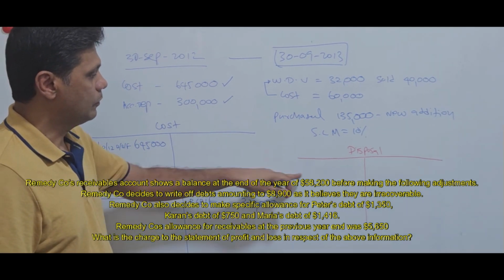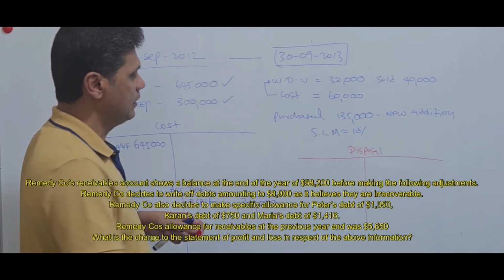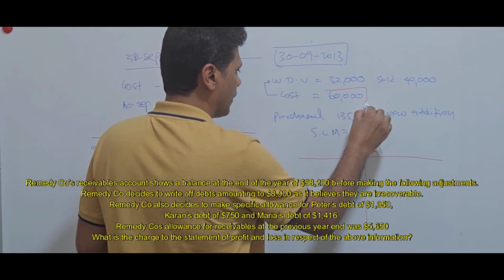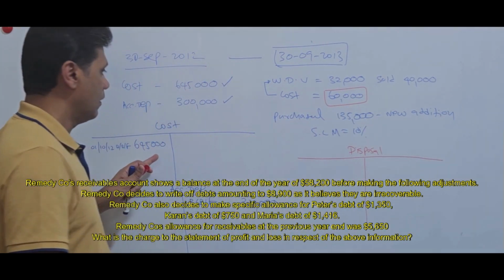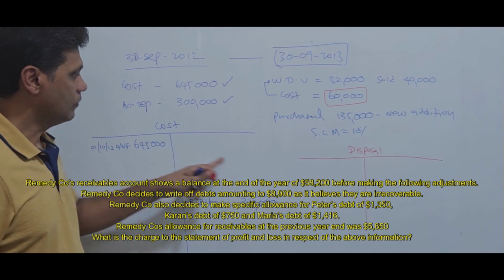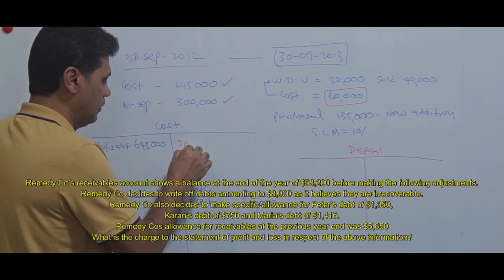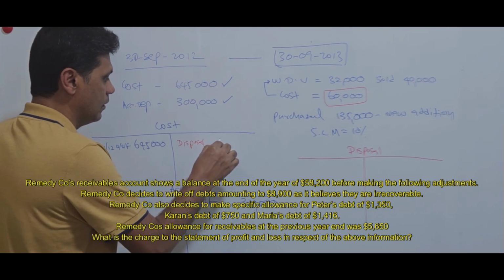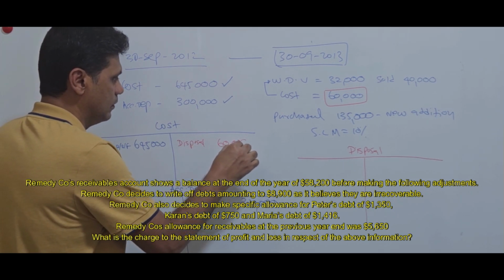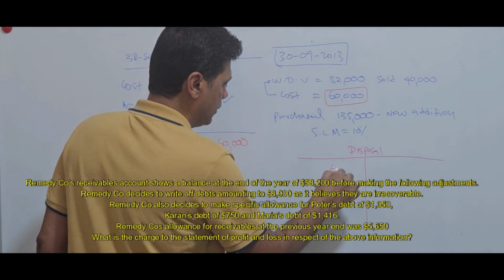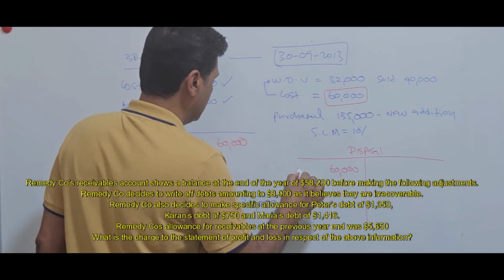First, you need to transfer the cost from the cost account to the disposal account. The disposal account is debited with 60,000 cost.